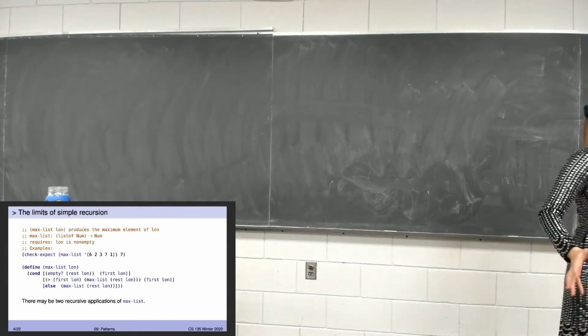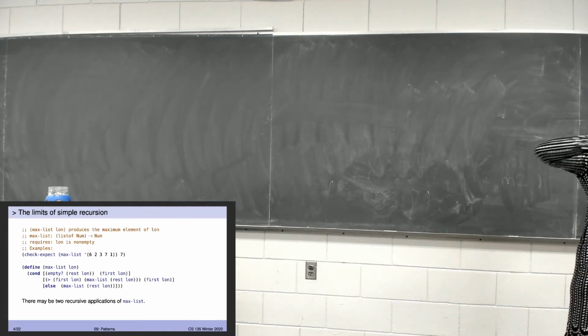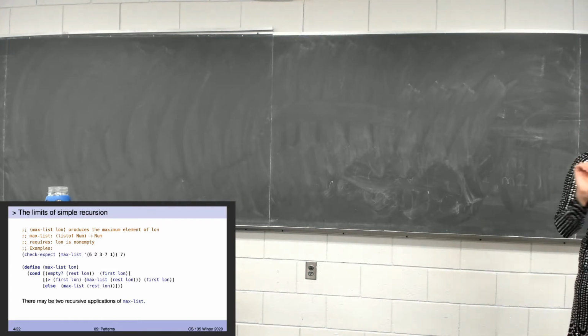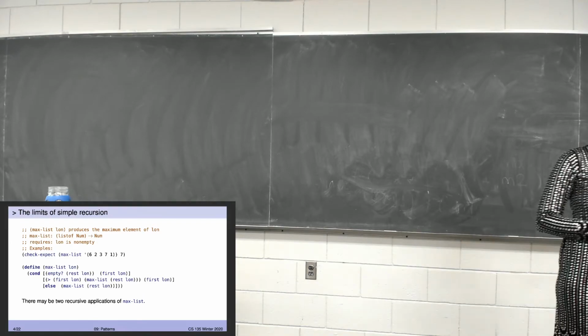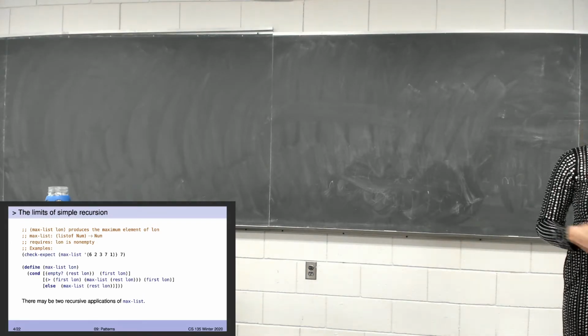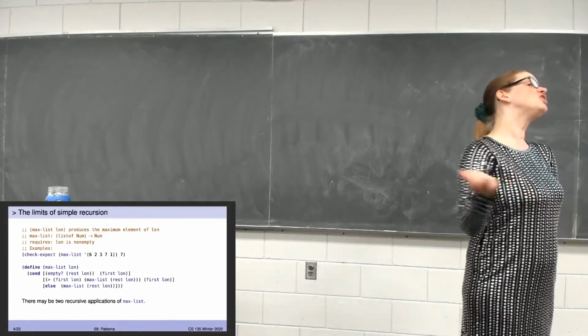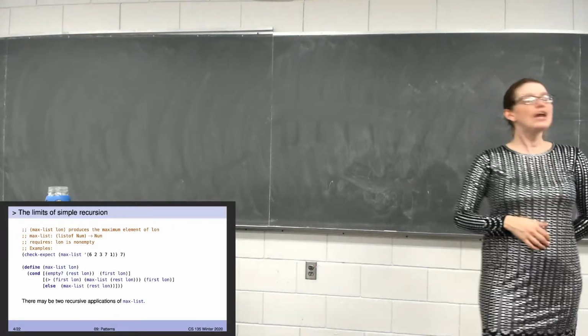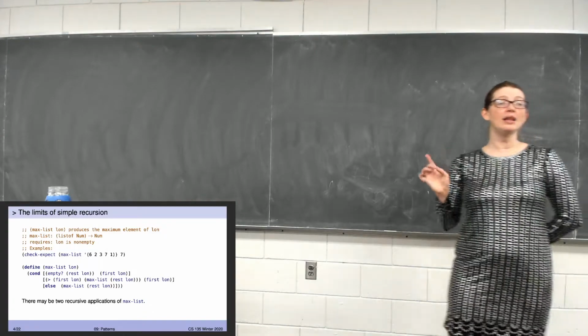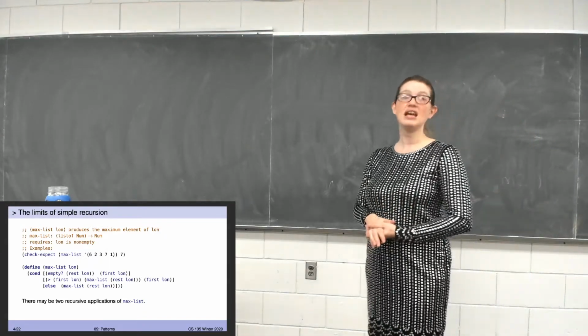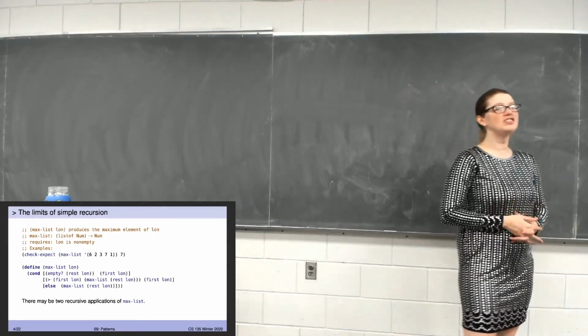You know what, let's just work on non-empty lists. That'll be nice, because an empty list doesn't have a maximum, and we don't really have a way to represent that. If the list contains only one element, that is the rest of the list is empty, then the max of the list is that one element.